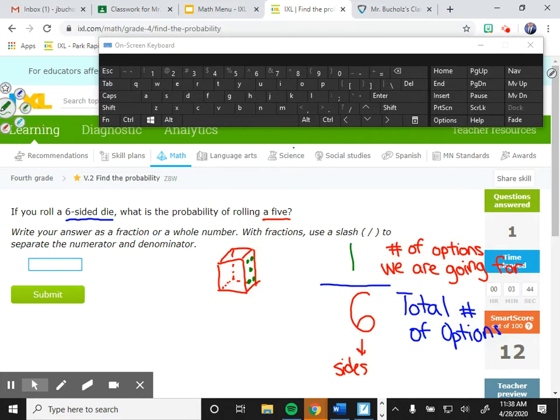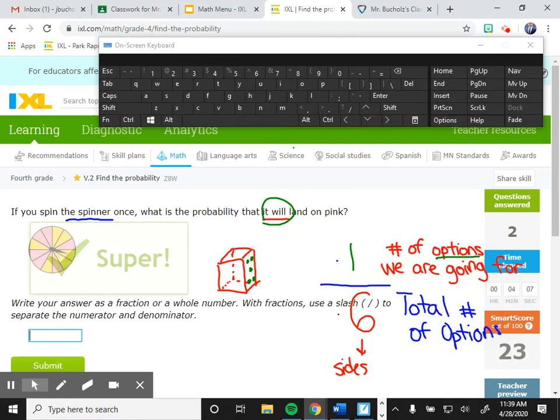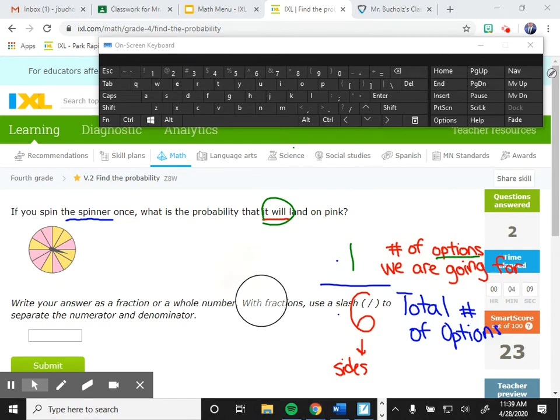That is going to be our one, because we only have one option to get a five. So our fraction is going to be 1/6. We have 1/6 chances to get a five.